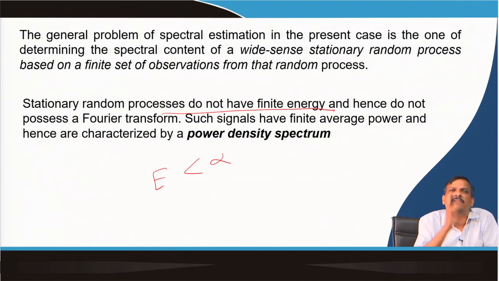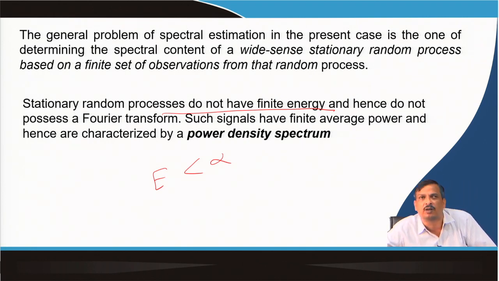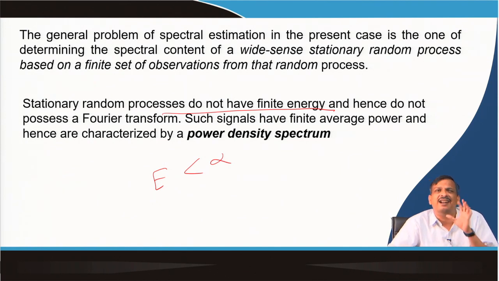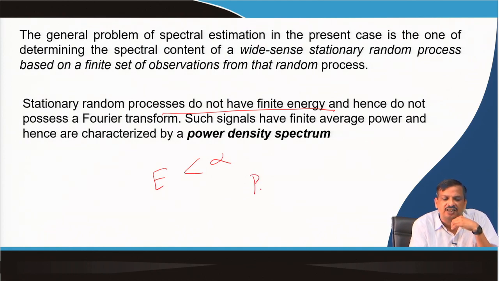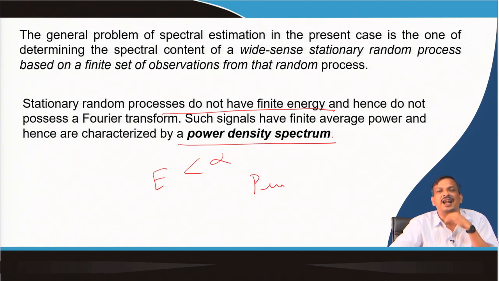If the energy is finite, we call it an energy signal. If the power is finite, we call it a power signal. Here energy is not finite, but power is finite. That is why I call it the power density spectrum or power spectral density: energy spectrum when the energy is finite, power spectrum when the power is finite.